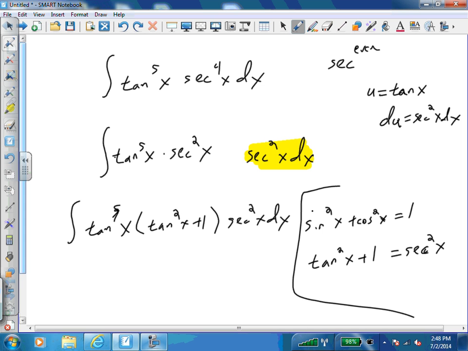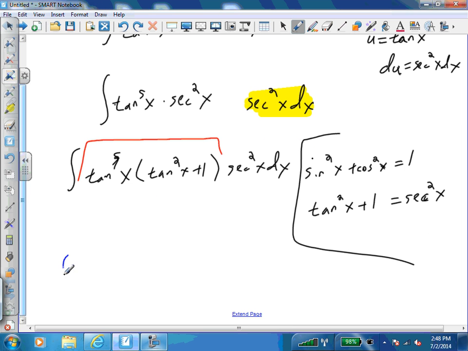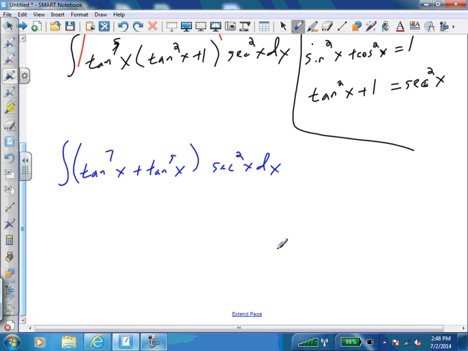Now if we distribute here, we're going to end up with tangent to the 7th plus tangent to the 5th times secant squared dx. Remember, we're going to let u be tangent, so du is secant squared dx.